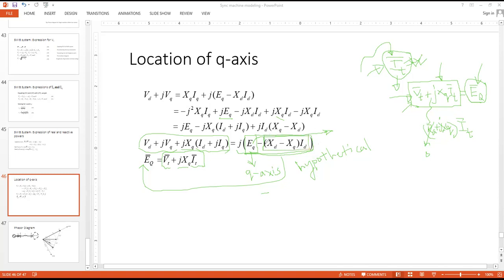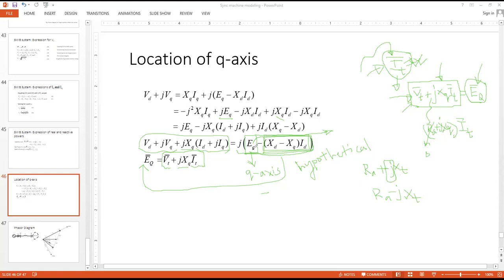So whatever will be the direction of EQ in the phasor diagram, the same direction should apply for this. Is this clear? Usually in the phasor diagram, we have phase shifts either with plus J or with minus J. There are only two ways of phase shifting, in terms of the J operator.